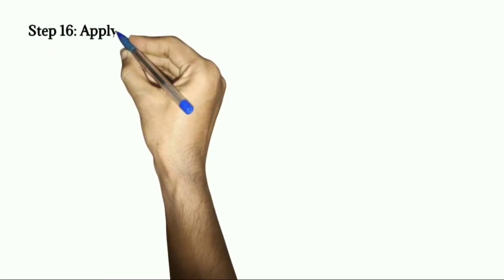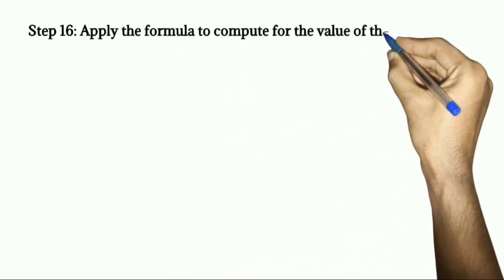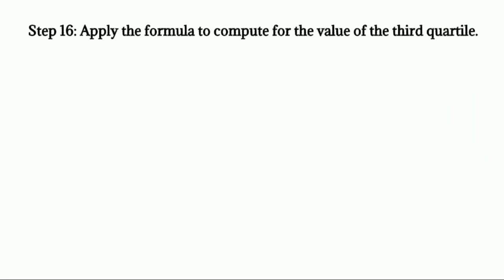The next step is to apply the formula to compute for the value of the third quartile. Since a third quartile na yung hinahanap, ang K or quartile location is equal to 3.